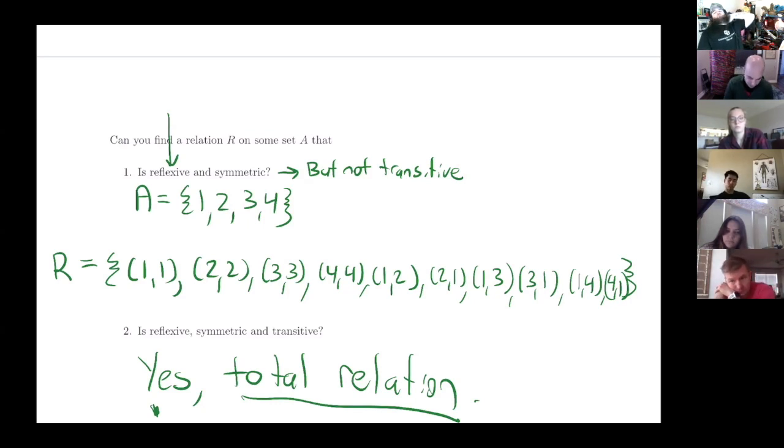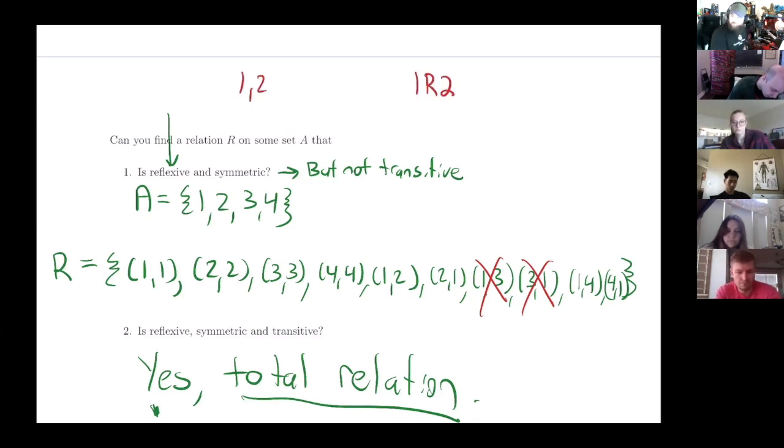trying to remember which way we did it. I think we took out this one, possibly. And we said, okay, now let's take a look at things. So it's still reflexive. It's still symmetric. And now let's think about if it's transitive. We want to be careful because we could consider 1, 2, and 1 as elements in our set A, because remember, we can repeat things.